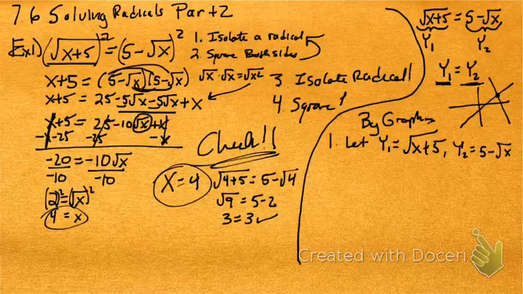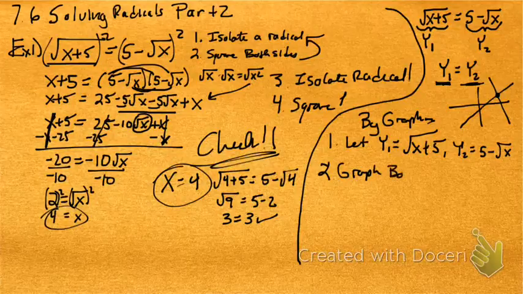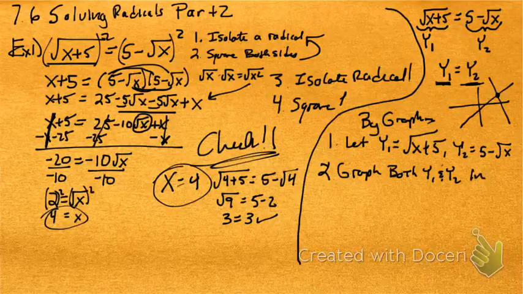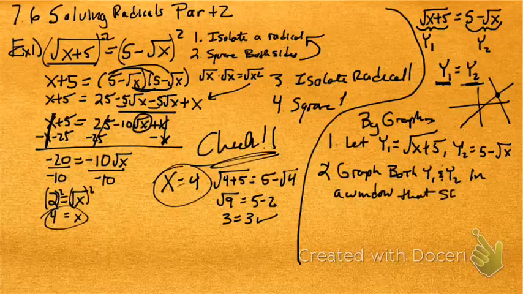Then, after we have that in our calculator, step 2 is to graph both y1 and y2 together in a window that shows the intersection.